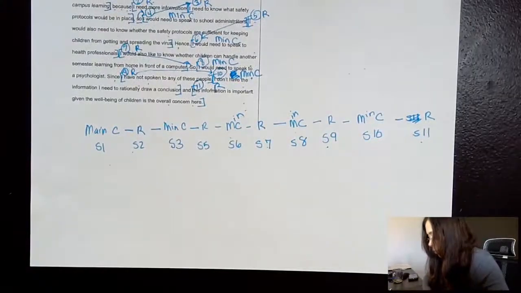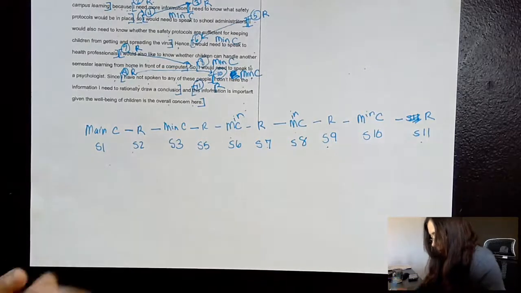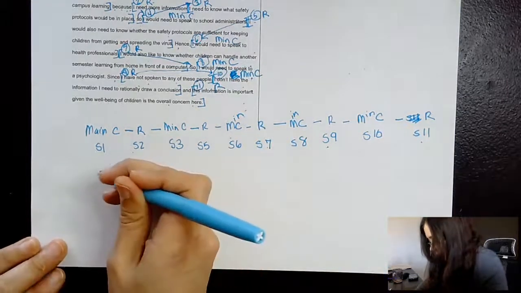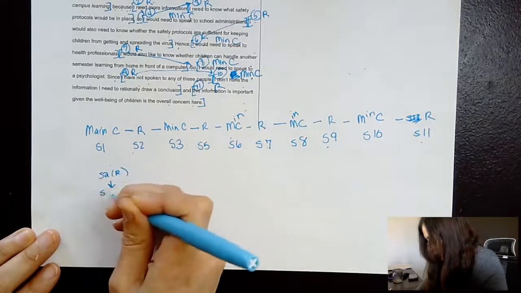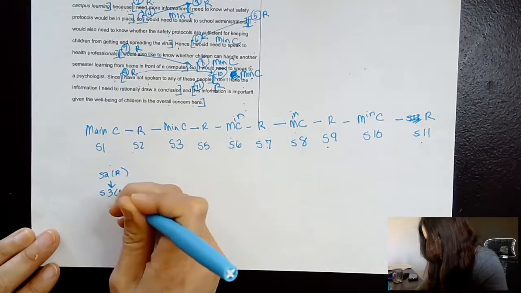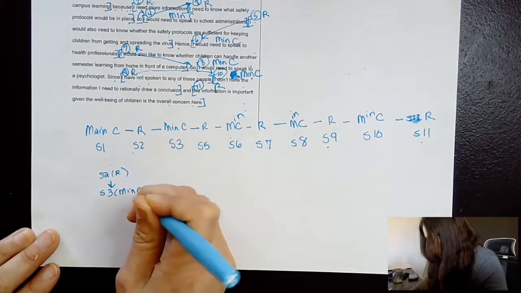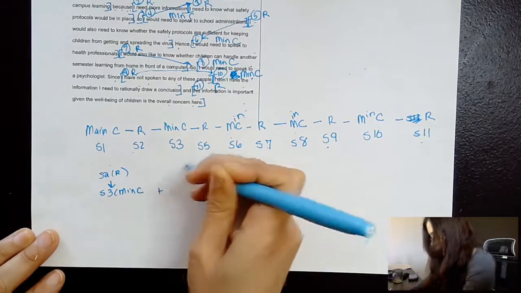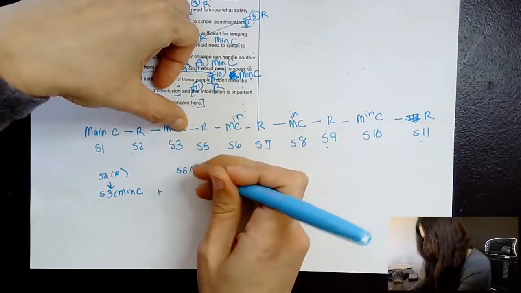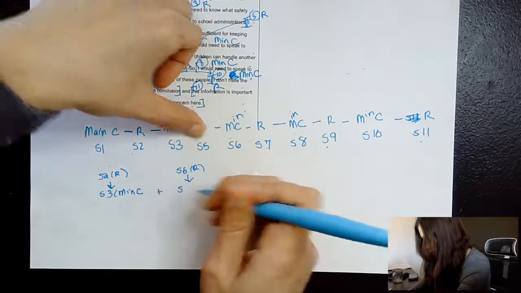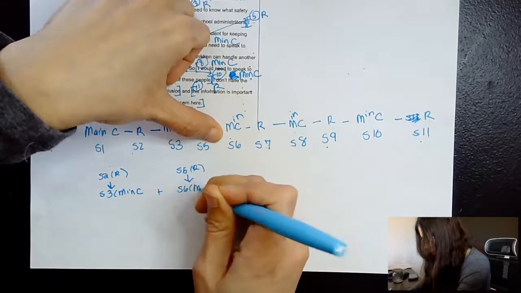So now, if we were to do a diagram, it would be pretty complex. We would basically have S2, a reason, being given in support of S3, a minor conclusion. This is joined together with, let me keep track of this, S2 plus S3. S5, a reason, is given in support of S6, a minor conclusion.